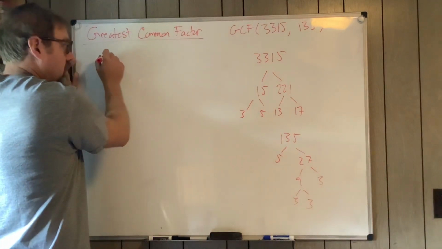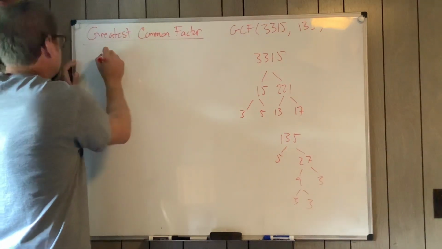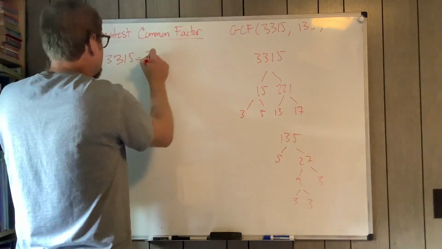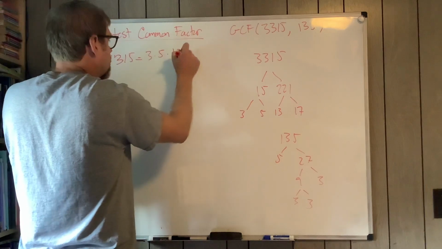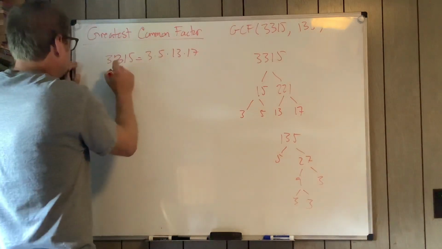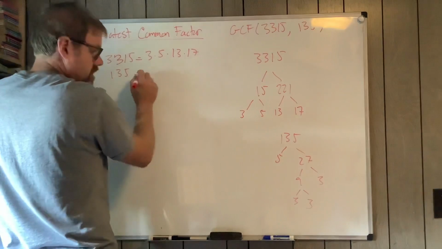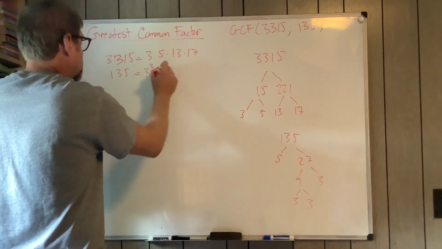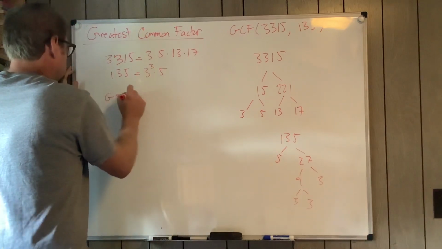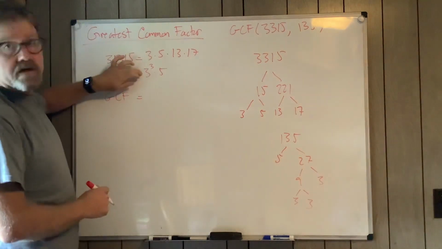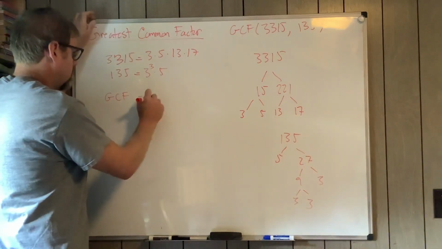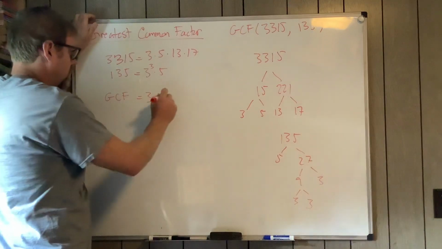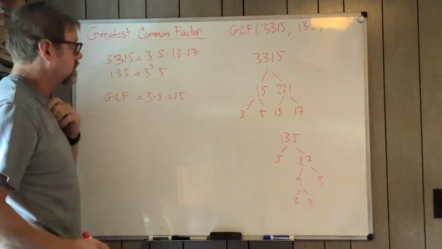So 3315 is 3 times 5 times 13 times 17. 135 is 3 cubed times 5. So the GCF is: there's a 3 common to both, but there's just 1. There's a 5 common to both, and that's it. So it's 15.